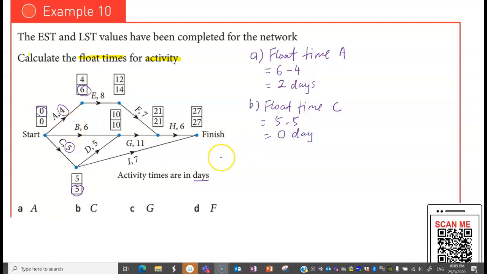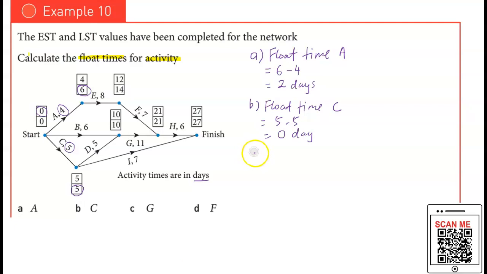Now let's proceed with C. The float time for G activity. So G activity, the ending of the activity, LST value, which is 21, minus the time for activity G, which is 11, and then you minus the start of the activity G, the EST value here, which is 10, and you end up with 0 days.